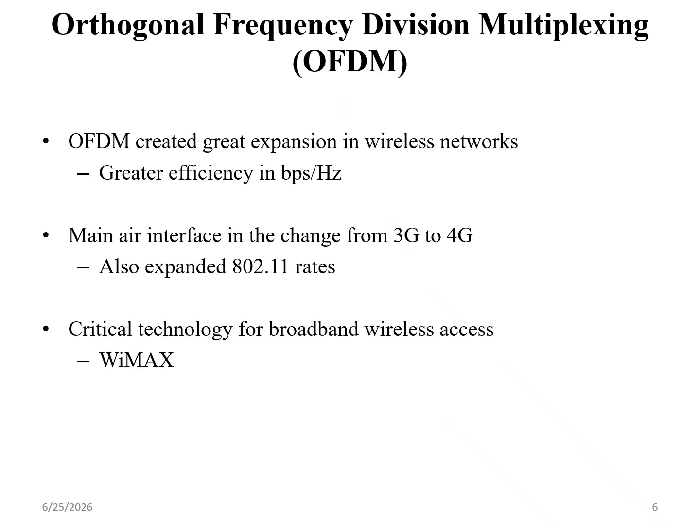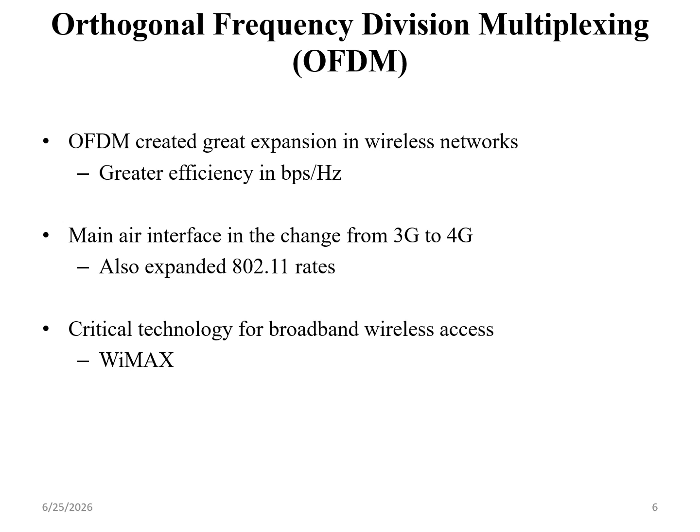Next, OFDM, orthogonal frequency division multiplexing. This OFDM, or OFDMA, orthogonal frequency division multiple access, came under third generation. These play a major role in your cell phone and mobile communication.